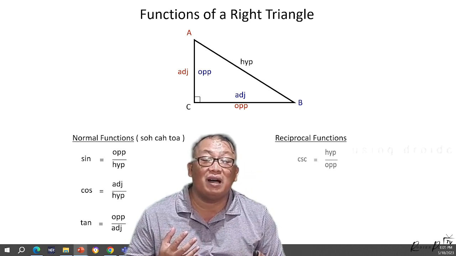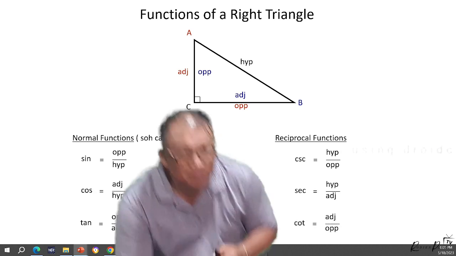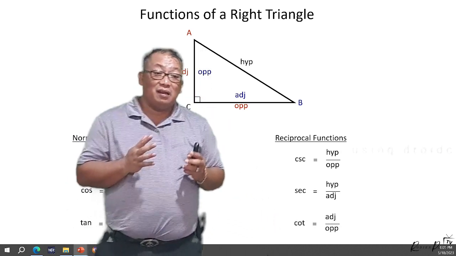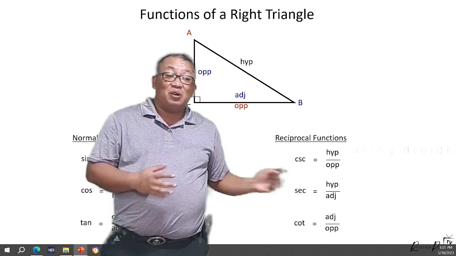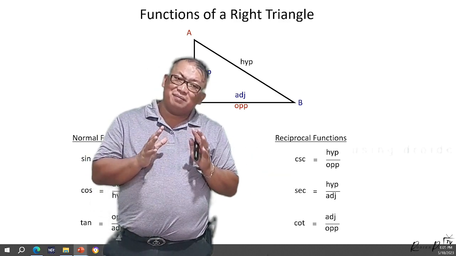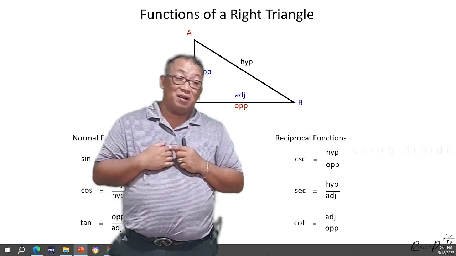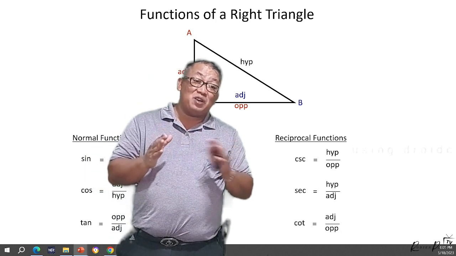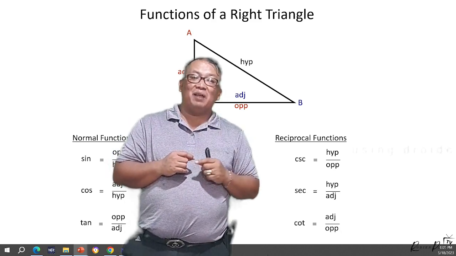So these are the normal functions, SOHCAHTOA, and these are the reciprocal functions. Actually, if you are practicing what I am practicing, I don't memorize the reciprocal functions. But you can memorize more, because the reciprocal functions you can easily calculate, so you can still solve. I will show you later.